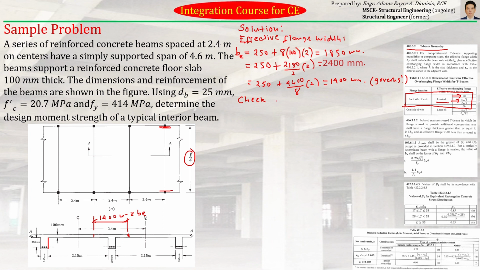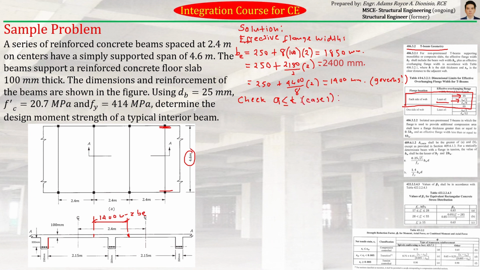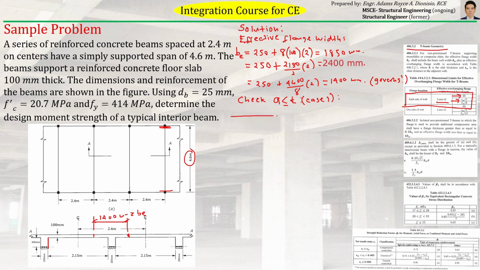is to check if the depth of the compression block is less than or equal to the thickness. So how do we know if the depth of the compression block is less than or equal to the thickness? We can just assume that our T-beam falls in case 1. So how does case 1 look again?